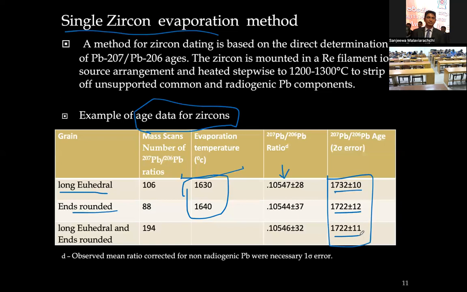But as you understand, these zircon grains are incorporated into rocks, like sediments or something, right? So that means it's not the exact timing of the formation of the rock. This age corresponds to the timing of the formation of the zircon.